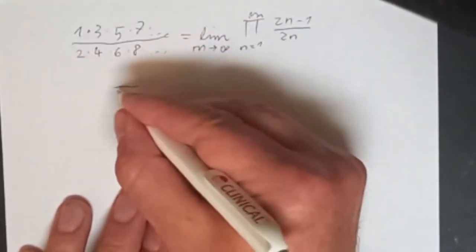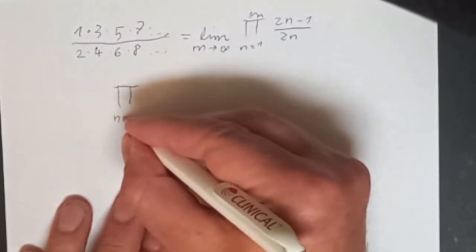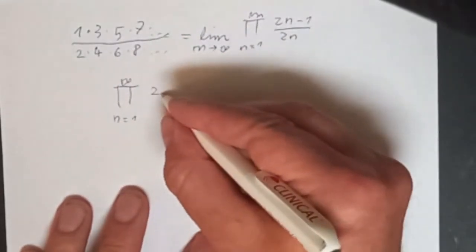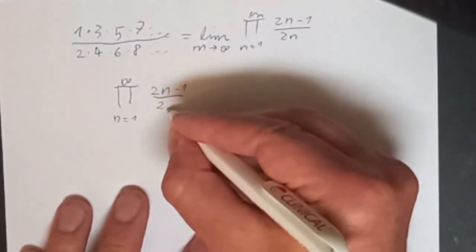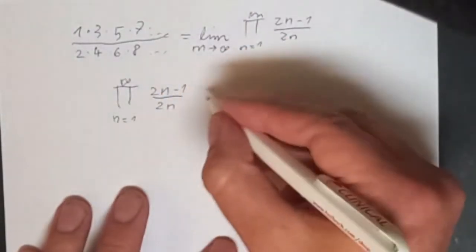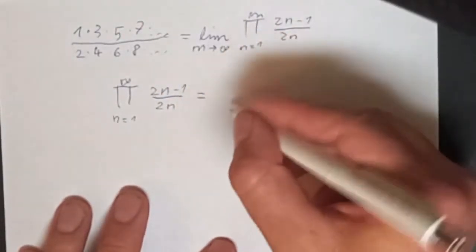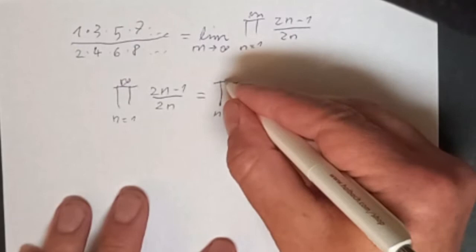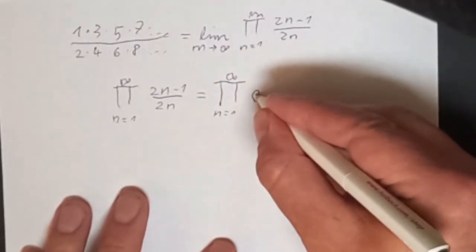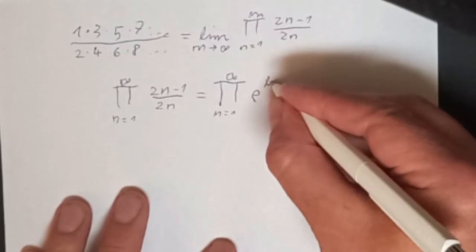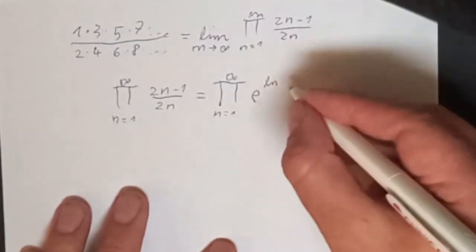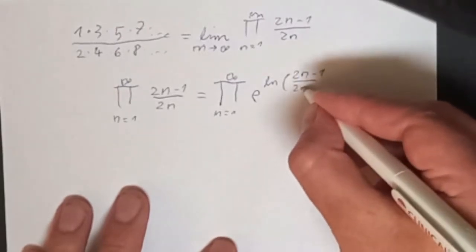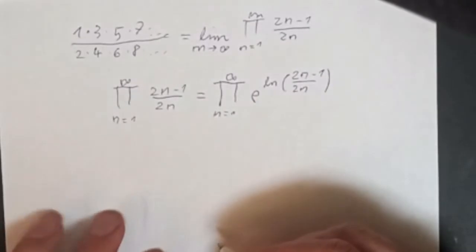So we have a product of 2n minus 1 over 2n, and that is e to the logarithm of 2n minus 1 over 2n.